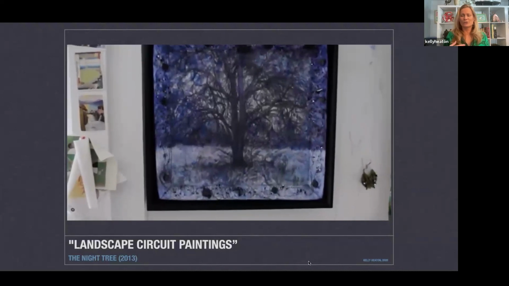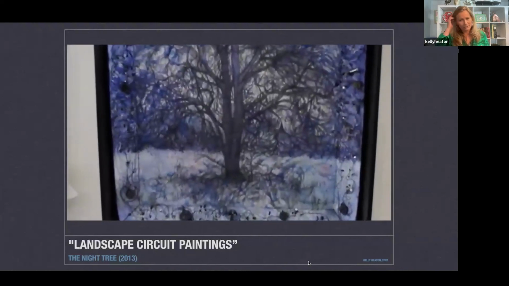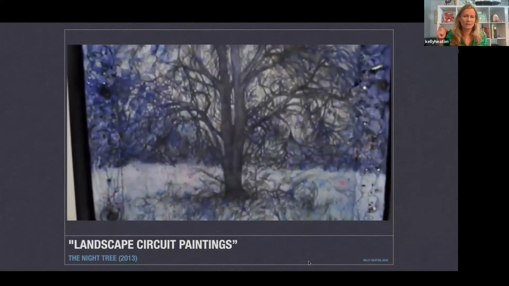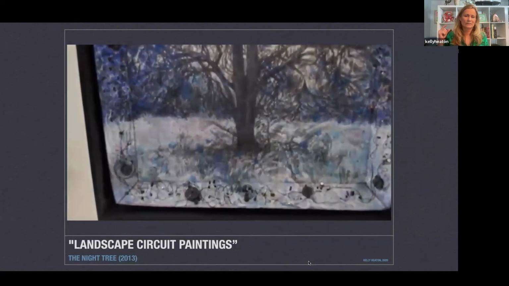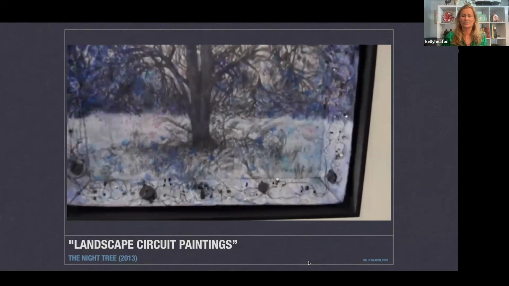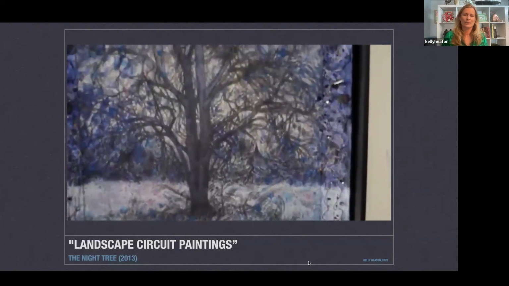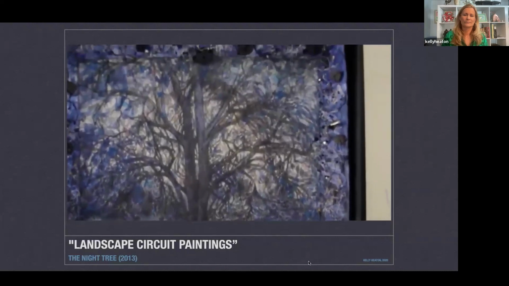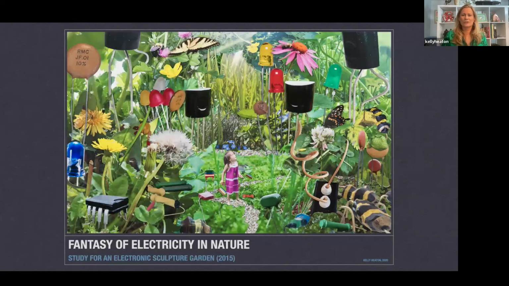As these works got more sophisticated, so this is again a drawing and a painting. And in the background, the sound you hear are circuits that are producing the sounds of night insects. So, these works really are alive in a way, right?